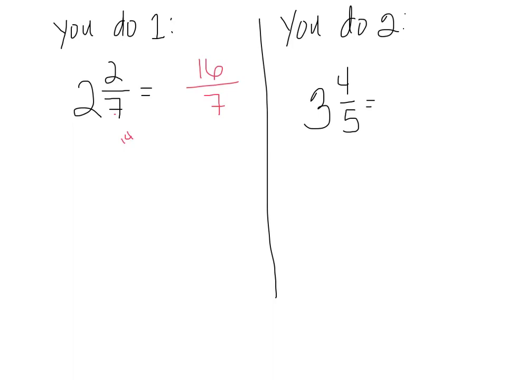So let's see how you did. I'm changing this to an improper fraction, so I do multiply, add, bring it to the side. 3 times 5 is 15, plus 4 more is 19. And my denominator was a 5, so it stays a 5. So my answer is 19/5.